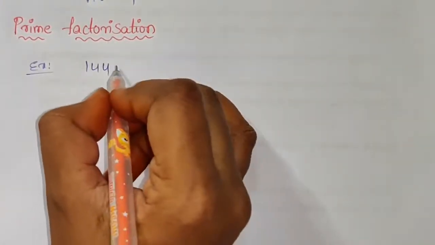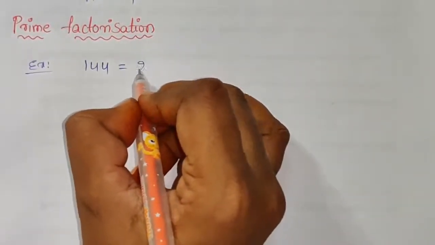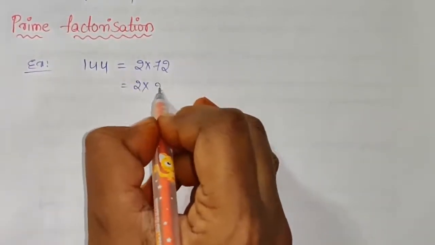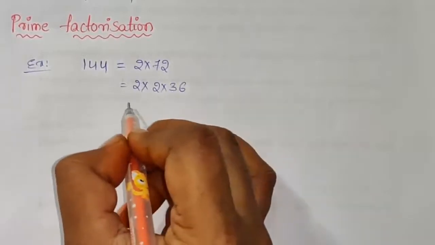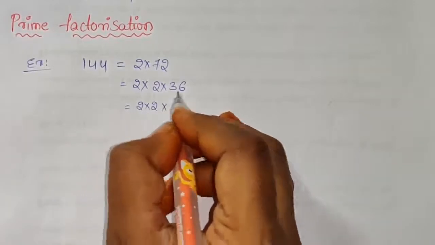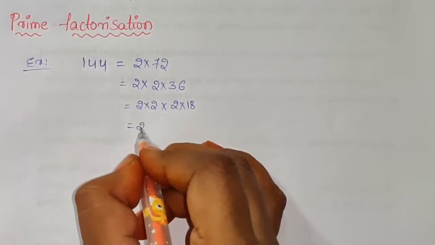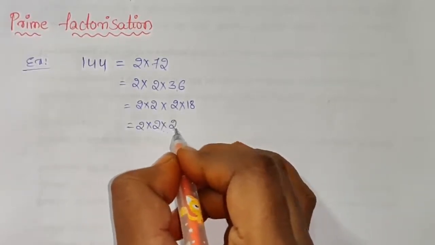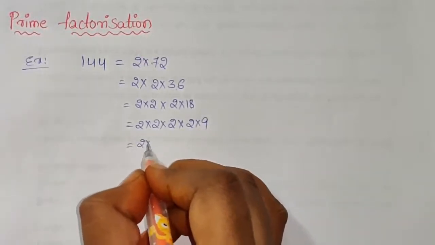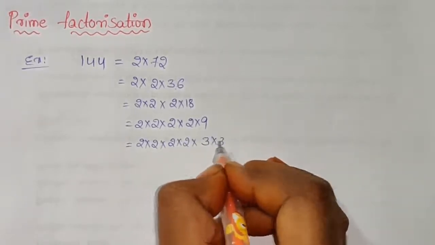If you divide 144 into prime factors, what will you get? 2 into 72, and then 72 can be written as 2 into 36. Again 2 into 18, and 18 can be written as 2 into 9. This will be four 2s and 3 into 3.